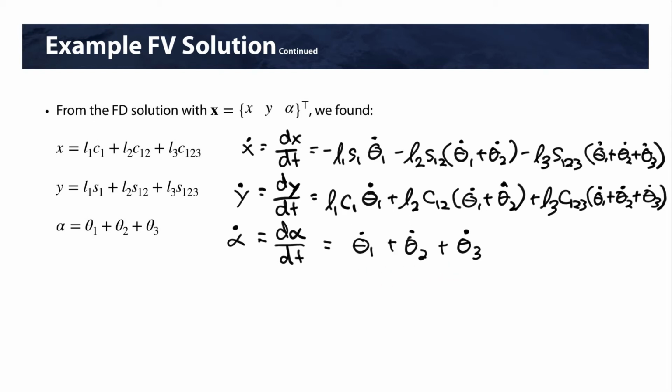Given our three joint rates, we can figure out the translational velocity and angular velocity of our end effector. Now, often in robotics, we like to put things into matrix form. So let's put these three equations into matrix form and see what we get.